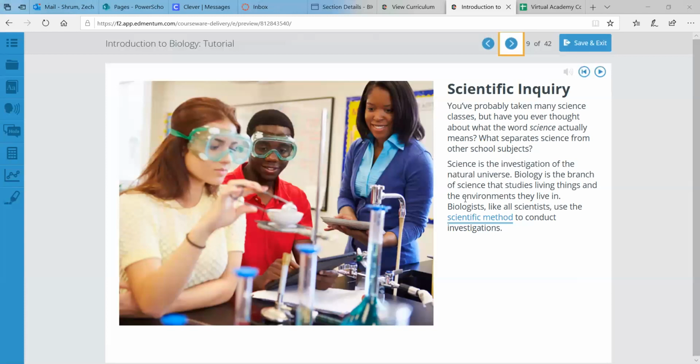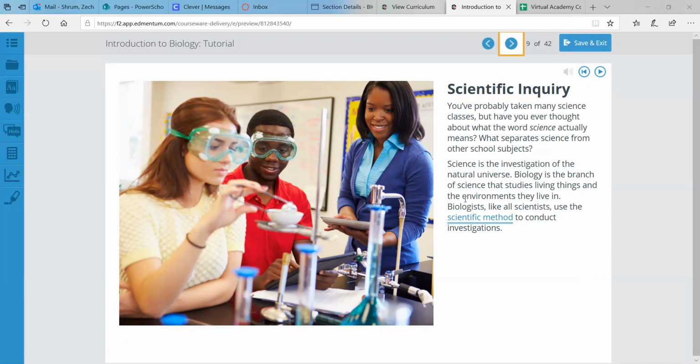The scientific inquiry. You've probably taken some science classes. I mean, you're taking one right now. But have you ever thought about what science means? What makes science science and other stuff not exactly science? Science is the investigation of the natural universe.